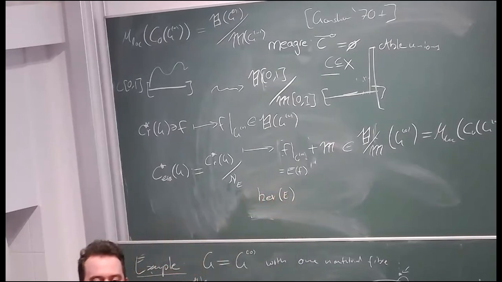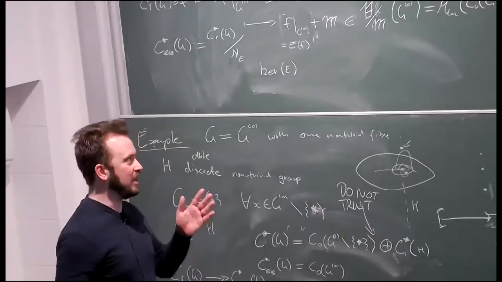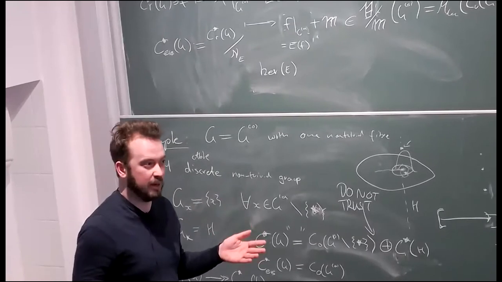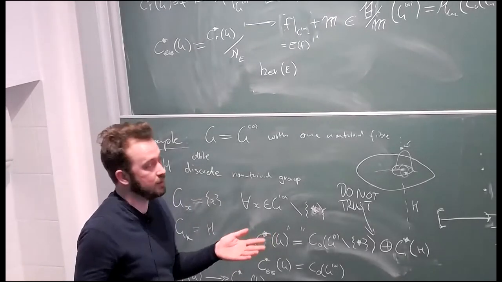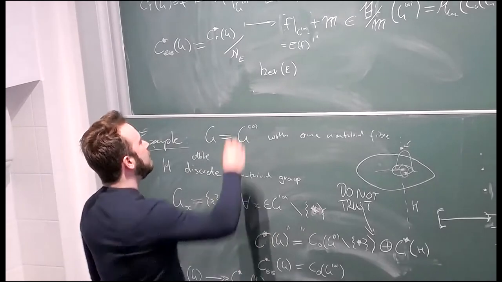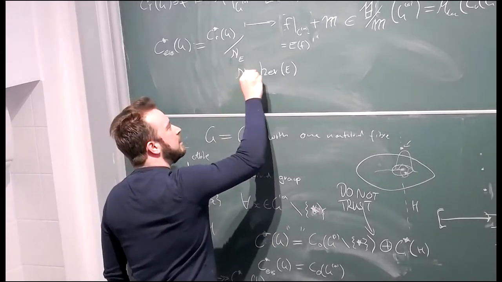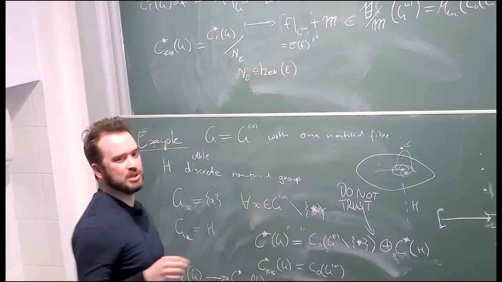E is not a star homomorphism, so the kernel of E is not an ideal that you can just quotient by. You have to be careful. It's a subspace, sure, but that's about it. It's closed, which is nice too. But N sub E always sits inside here and is almost never the whole thing.